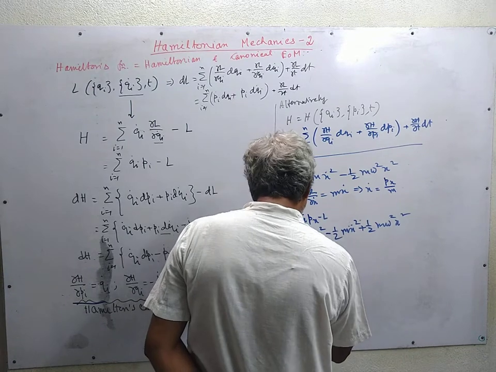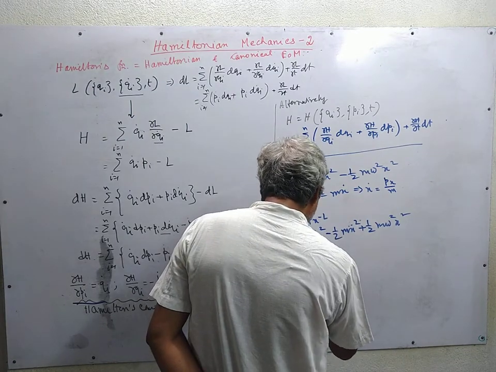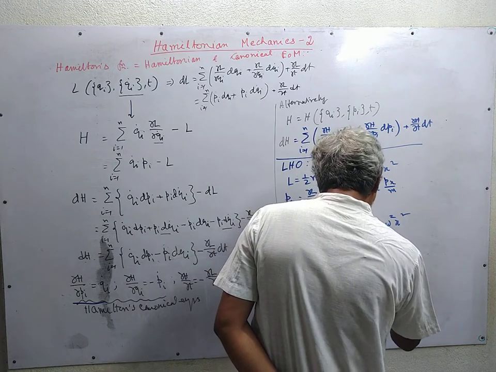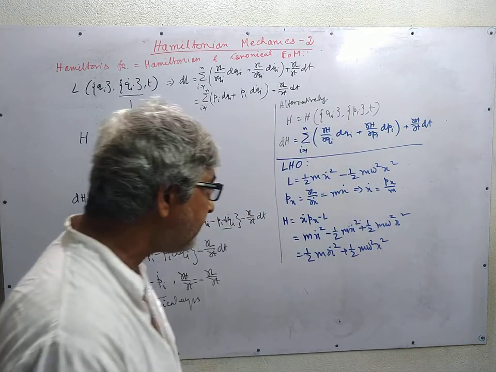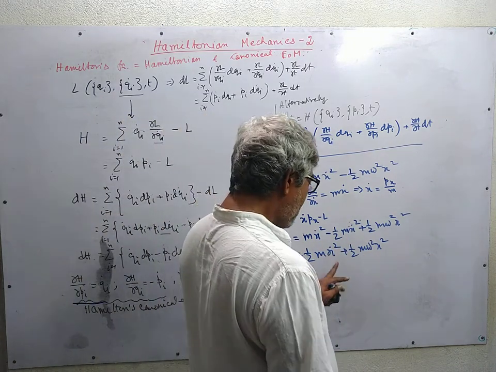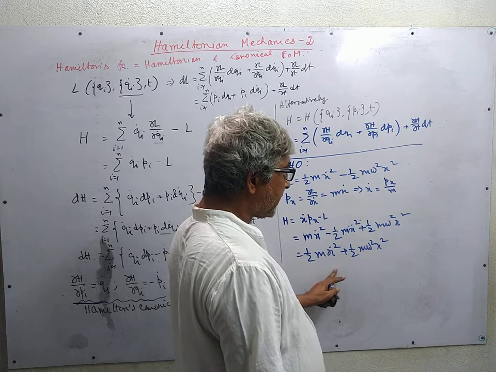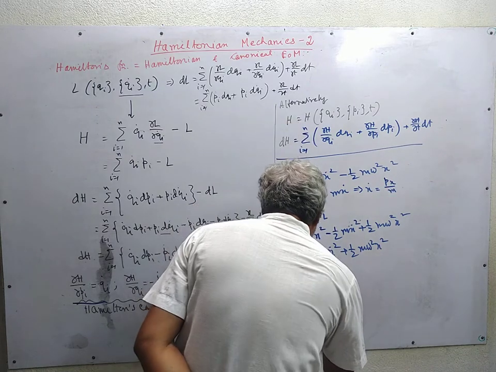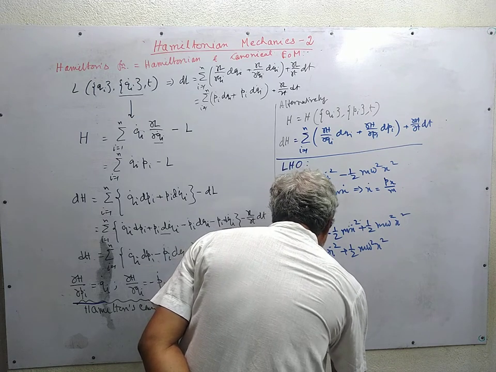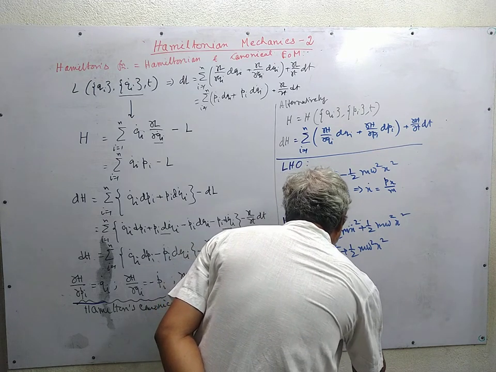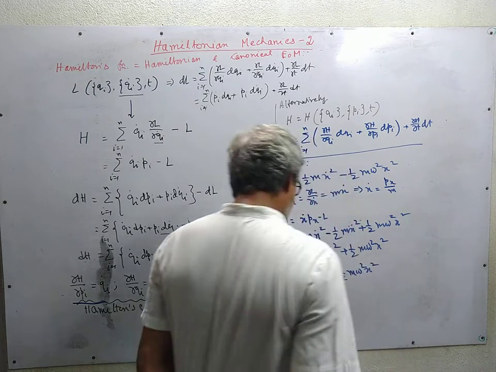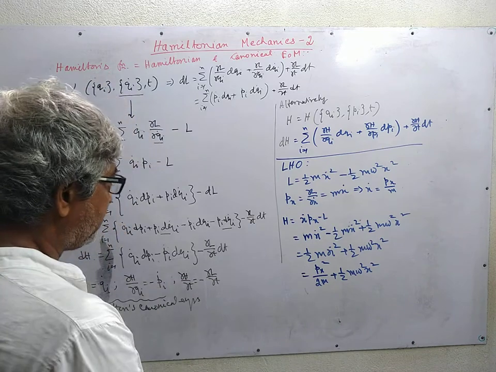So altogether this is half m x dot square plus half m omega square x square, but this is not the Hamiltonian, because the Hamiltonian is a function of x and Px. So we replace x dot over here by Px by m, so that this becomes Px square by 2m plus half m omega square x square. So this is the Hamiltonian of the system.